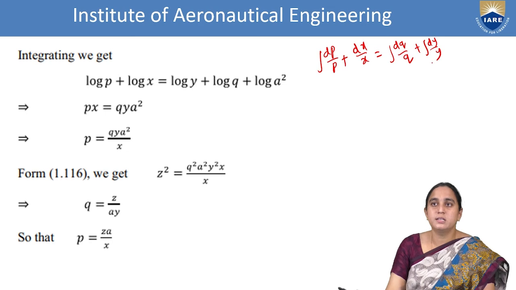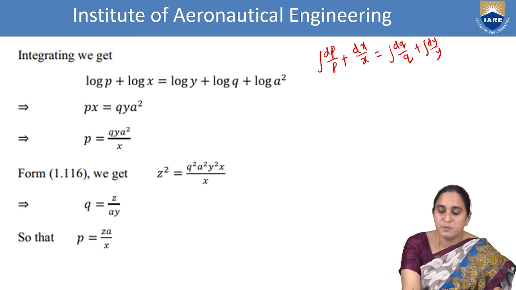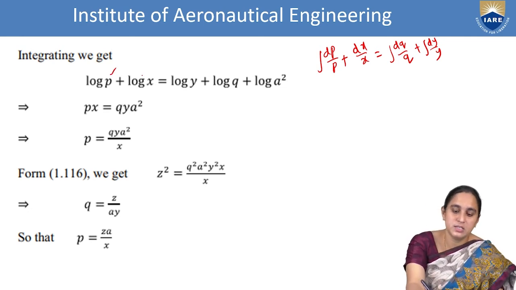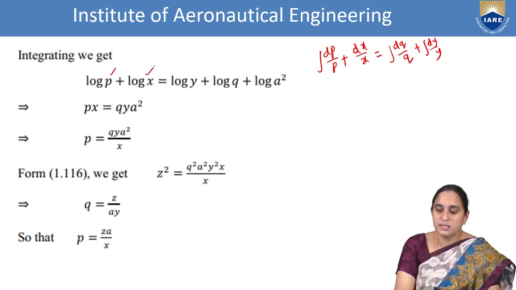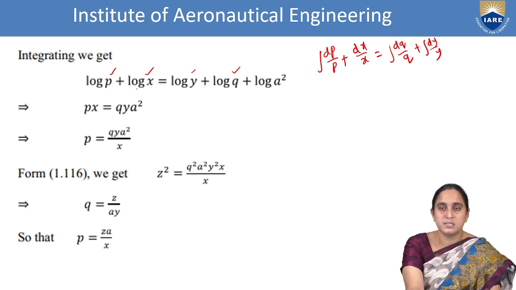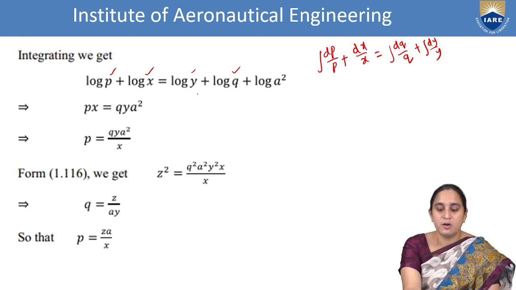This is integration on both sides. 1 by p integration is log p and 1 by x integration is log x, that is equal to 1 by q integration log q and 1 by y integration log y. Therefore, log p plus log x is equal to log y plus log q plus log a.